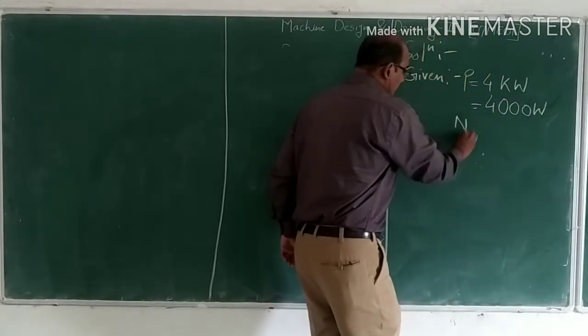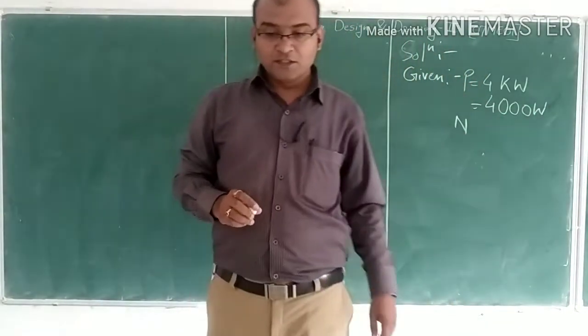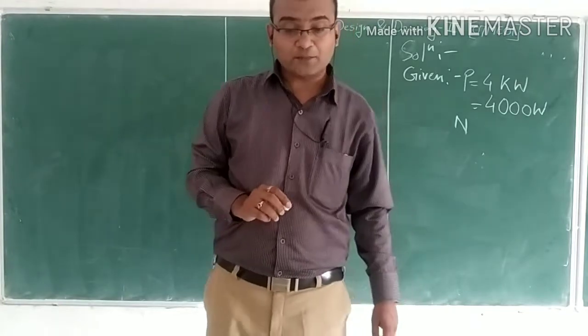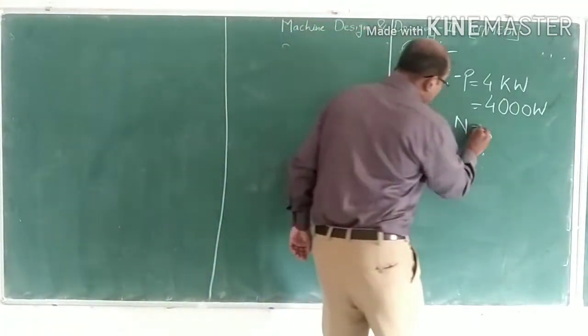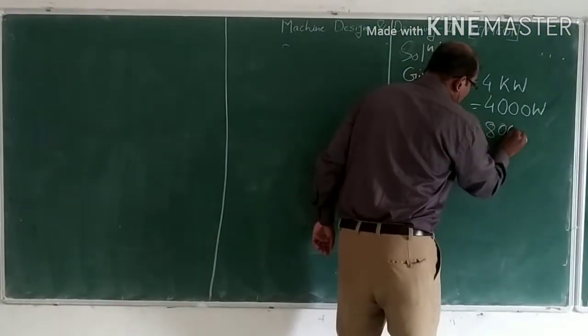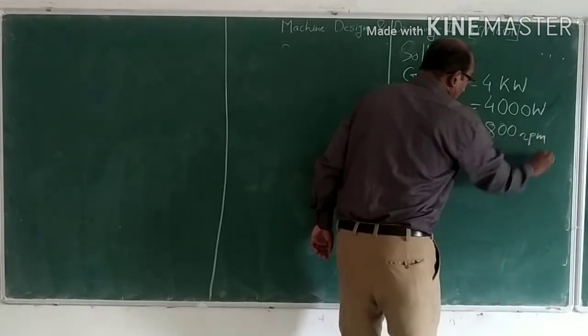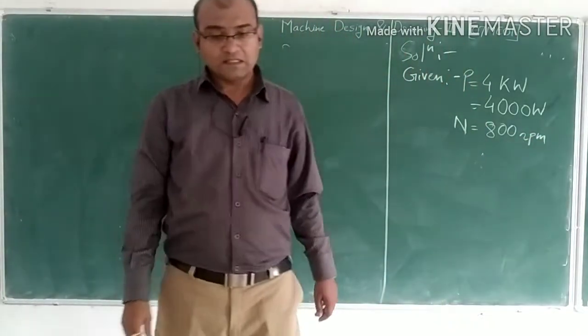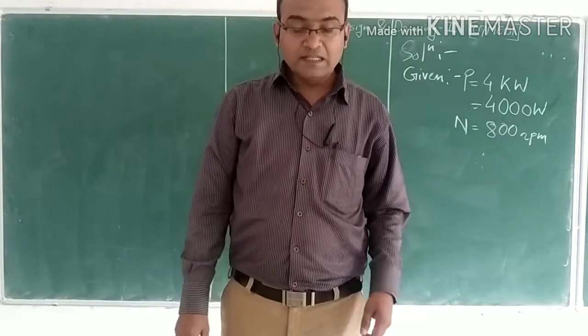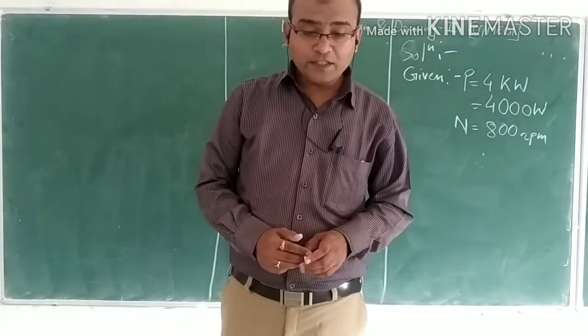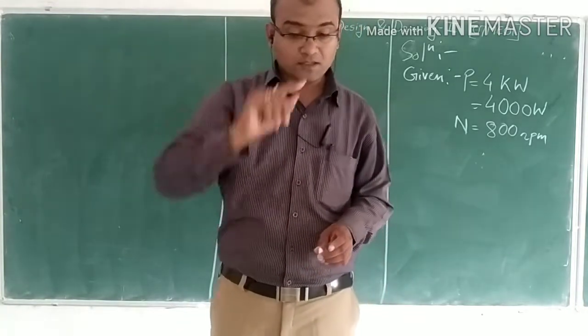Then next given is speed. Speed is 1800 rpm, so N is 1800 rpm. Then next given is 0.25 per meter length of spindle.